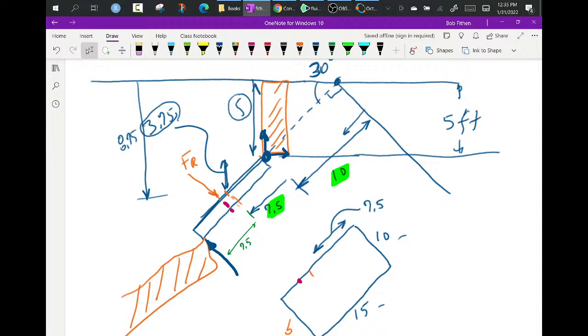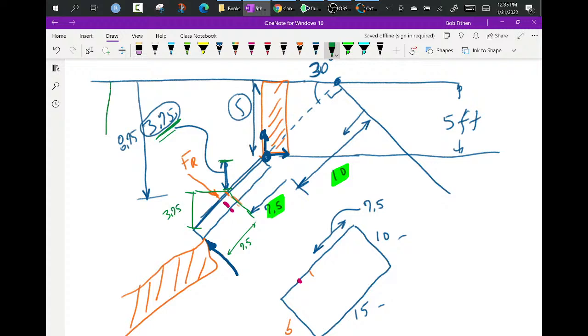So we already found that this was 3.75. In other words, this distance from here to here was 3.75. I contend the next distance, since that's the distance to the centroid, is 3.75.